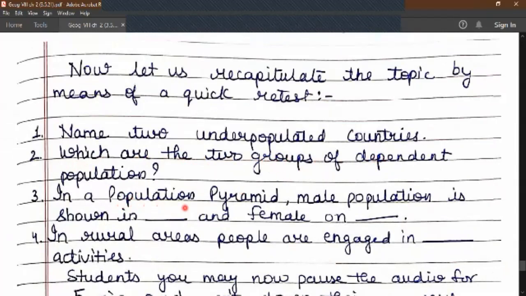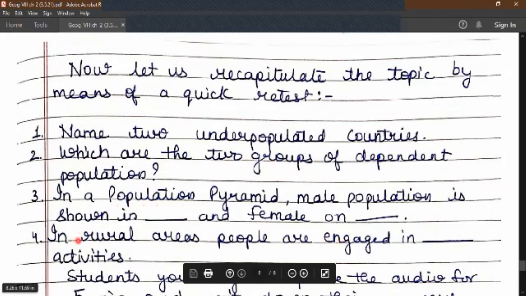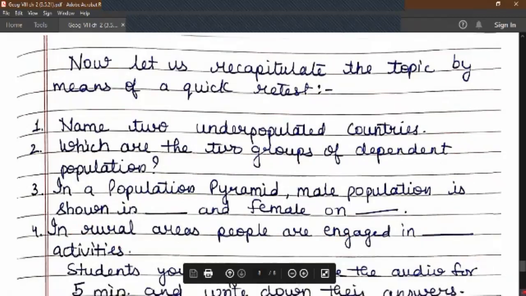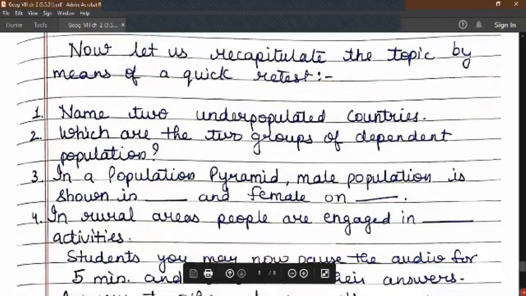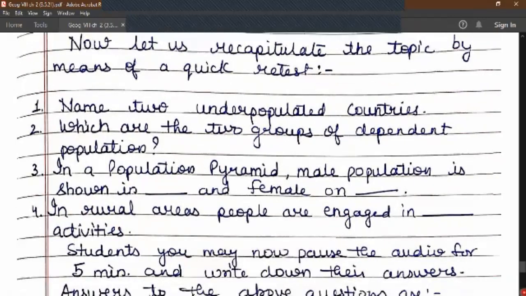Number three, in a population pyramid, male population is shown on dash and females on dash. Number four, in rural areas, people are engaged in dash activities. You may now pause your lesson for 5 minutes to write down your answers.